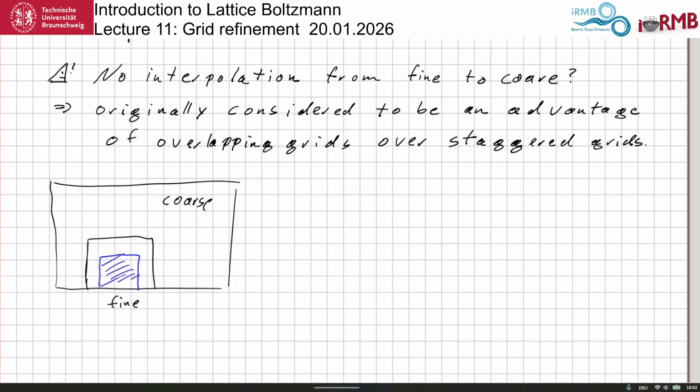Now suppose the Reynolds number is high, which in the beginning usually wasn't. In academic work, when they showed their grid refinement, they didn't have a high Reynolds number. Now we have better methods like cumulant methods, and now they use this sort of grid refinement.